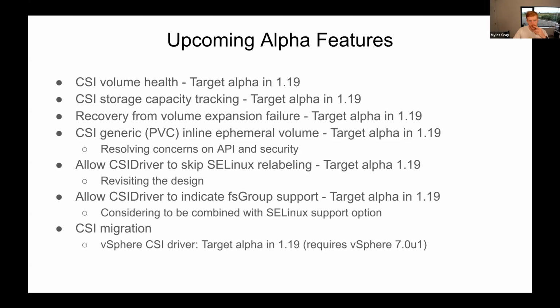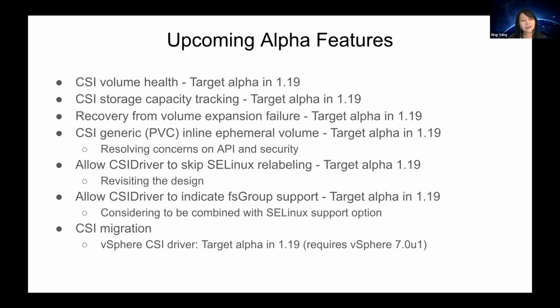Is that current across all drivers, Jing, that in 1.20 all core provider plugins are going to be deleted essentially? 1.21. So that's the plan. But I think it's not 100% certain that it's definitely going to happen, but that's the target.